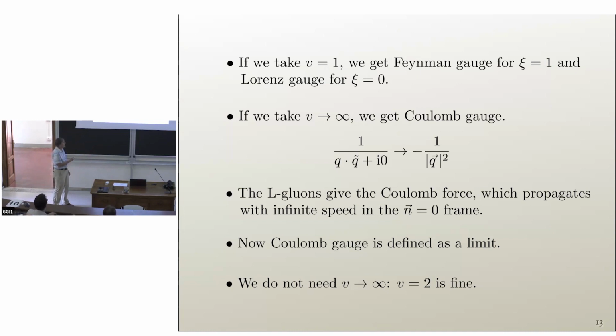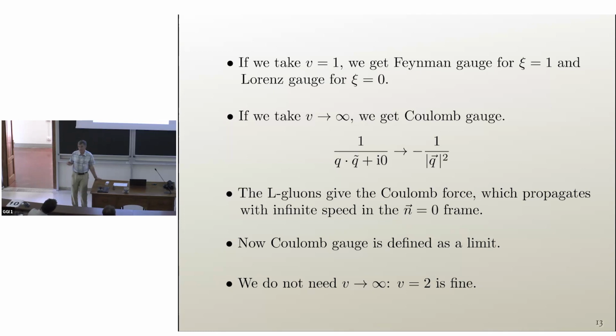Coulomb gauge is defined as a limit when V goes to infinity. So the L gluons propagate with some finite speed, but the speed isn't infinite. The authors from whom we got this wanted to investigate Coulomb gauge, so they wanted to take the limit V goes to infinity.